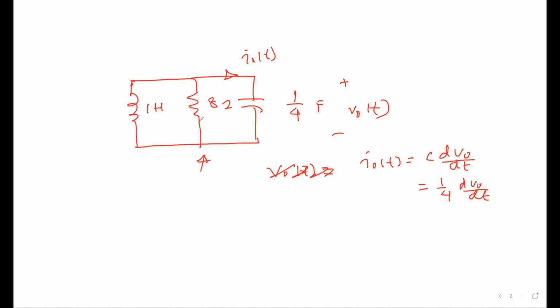Then your current flowing through your resistance, this is IR. Your IR equal to what? Is it not V0 divided by 8? Yes, sir. Fine. Then what is the current flowing through this inductor?